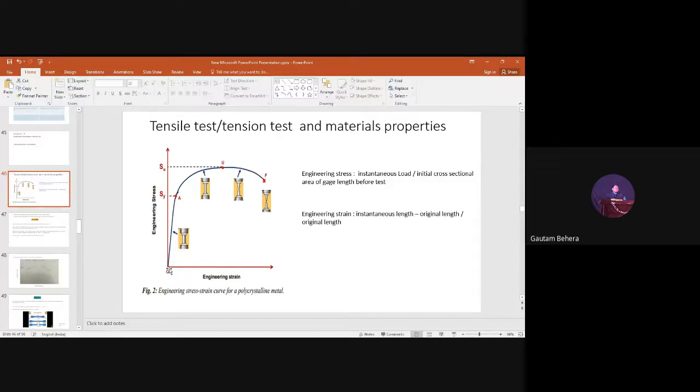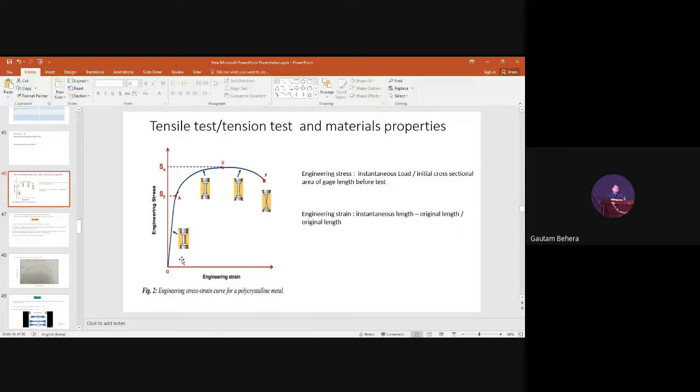Basically, this is the strain axis and this is the stress axis, and you understand what stress and strain are. Engineering stress is the instantaneous load divided by the initial cross-sectional area of the gauge length before the test. And engineering strain is the instantaneous length minus the original length, divided by the original length.